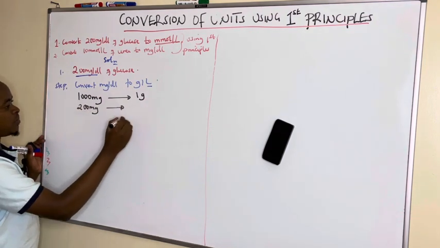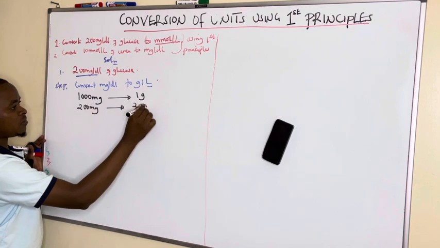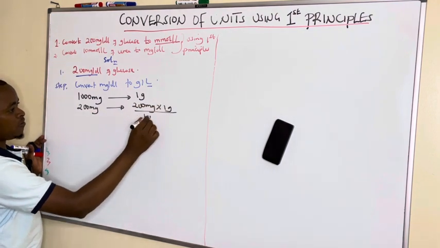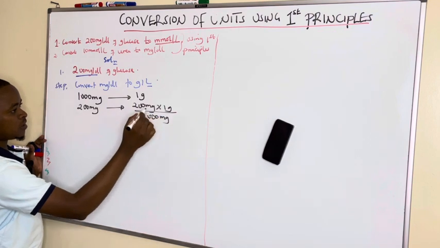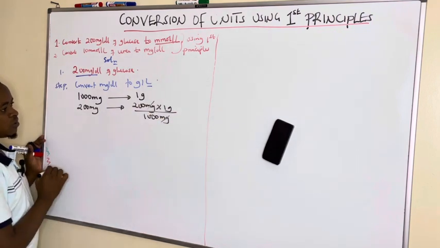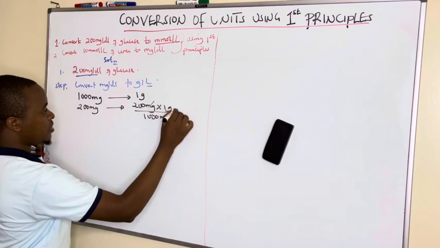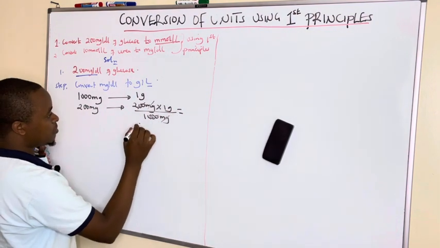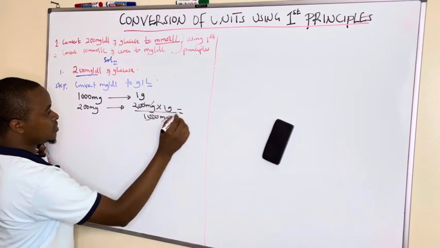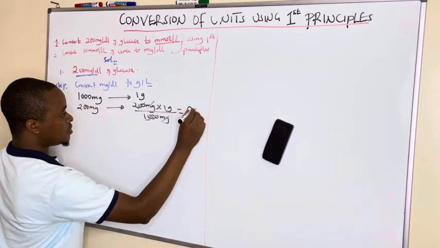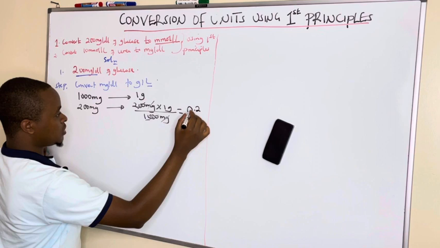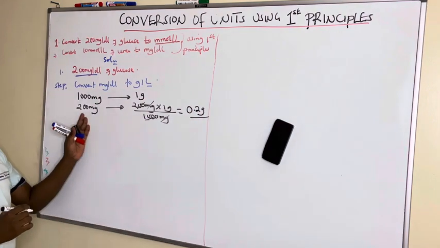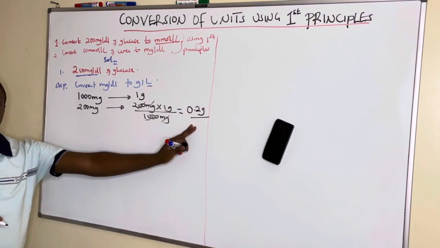We cross multiply: 200 milligrams over 1,000 milligrams, keeping the units. The milligrams cancel, two zeros cancel, and we remain with 2 out of 10, which is 0.2 grams. So 200 milligrams are equivalent to 0.2 grams.